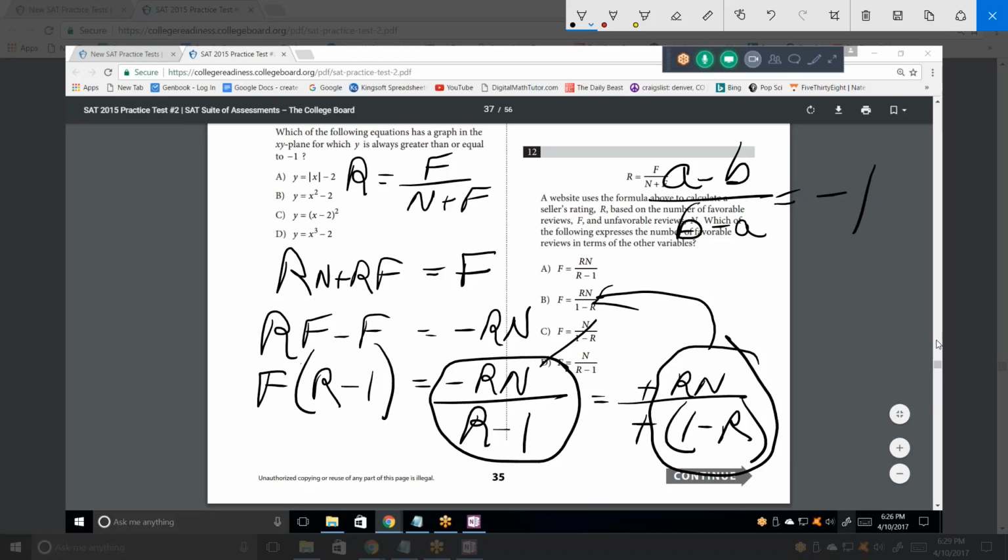So they had the answer as 1 minus r instead of r minus 1. So that's an extra negative sign in there. Gets rid of that negative sign that was in the numerator and gives us everything with positive stuff.